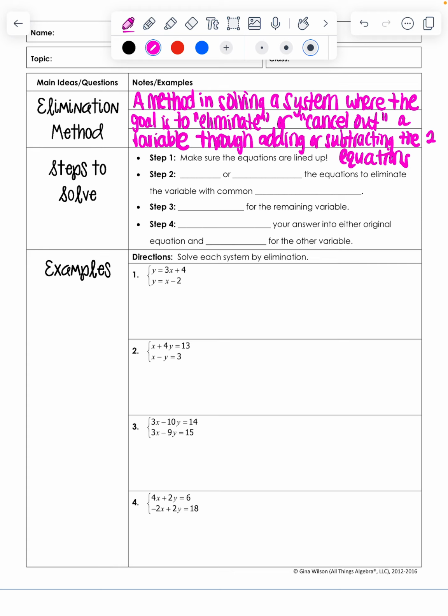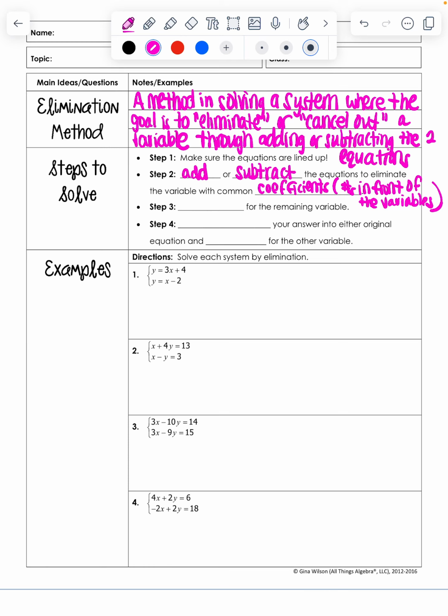Then step two, what we would do is either add or subtract the equations to eliminate the variable with common coefficients. Now let me remind you, coefficients are the numbers in front of the variables.